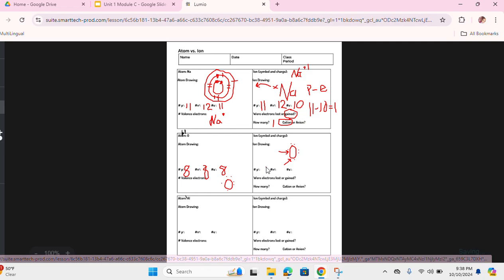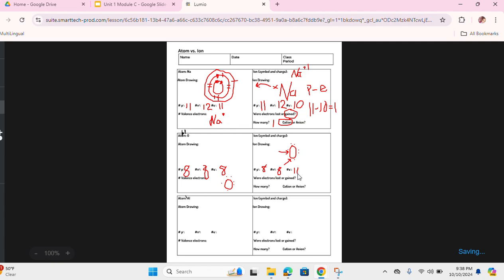So we would have 8 protons, 8 neutrons, and since we are adding electrons, we would have 2 more electrons giving us 10 electrons. I do my math. 8 minus 10, which gives us a value of negative 2.